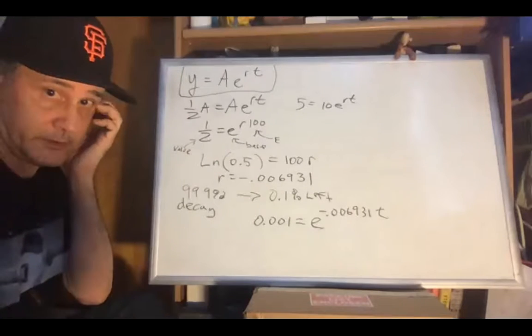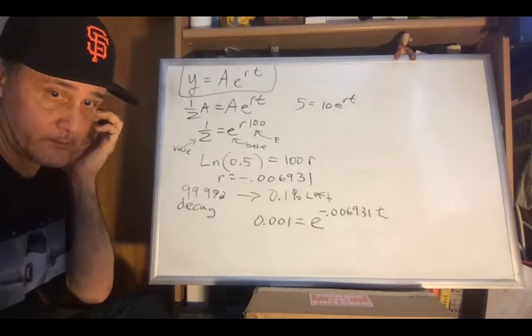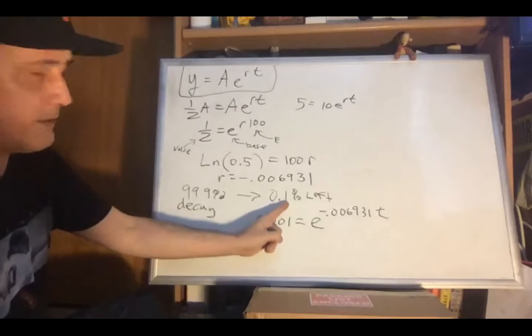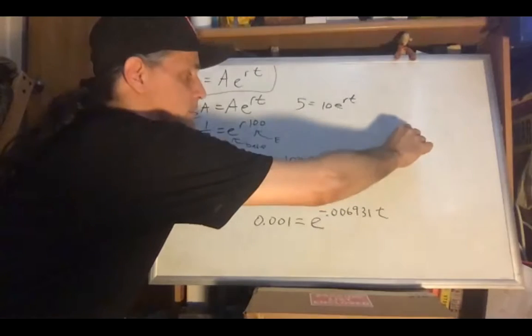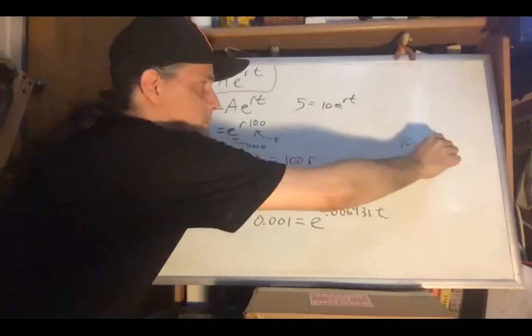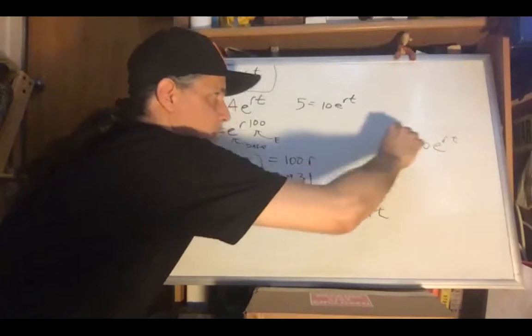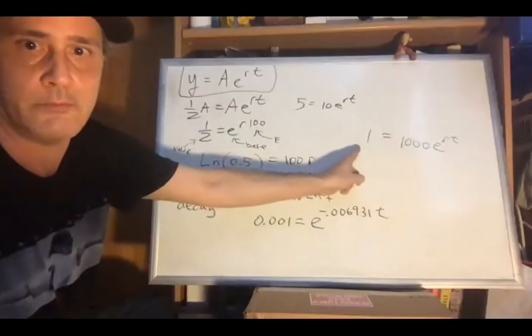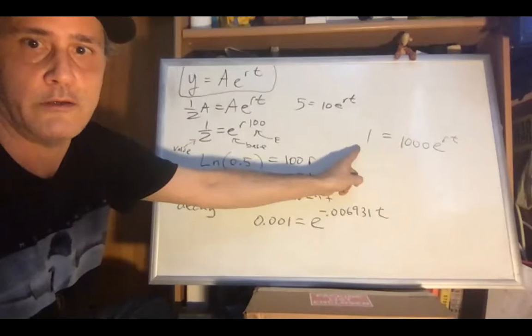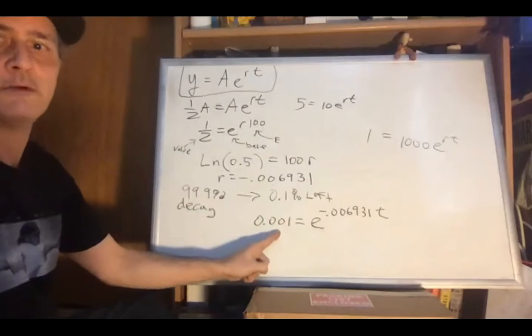Okay, now another way you could think of that, if this is how much we have left, 0.1%, then you could think of it, okay, so we started with 1,000, and now we have 1 left. And notice when you divide, you get 0.001. So that's another way to think about how to get here.